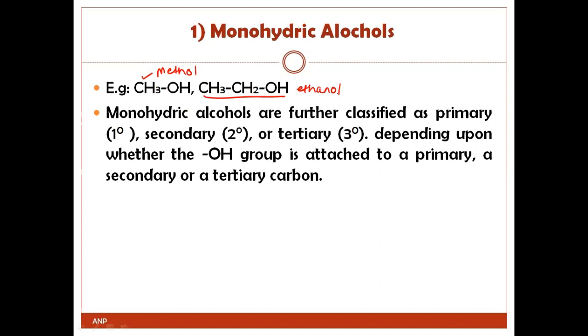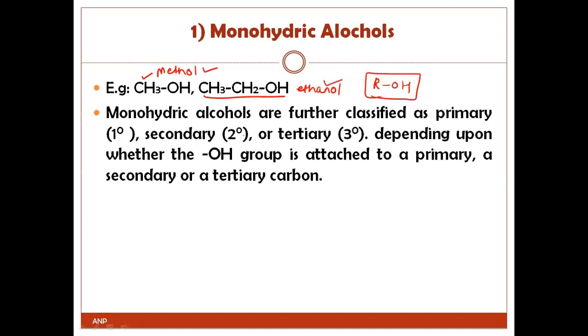Monohydric alcohols means in which one hydroxy group is attached to the saturated carbon atom, and they may be represented like this. The general formula of alcohol is ROH, and these are the examples of monohydric alcohols: methanol and ethanol.